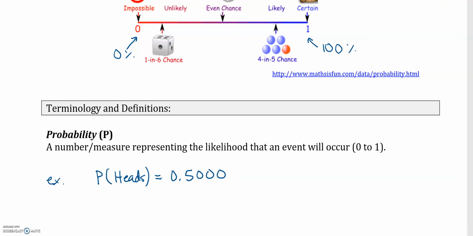Or when you're rolling a dice, the probability of x equaling 3, so getting a 3 when you roll your die, is 1 out of 6 chances and can be reported as 0.1667 if we round to 4 decimal places.